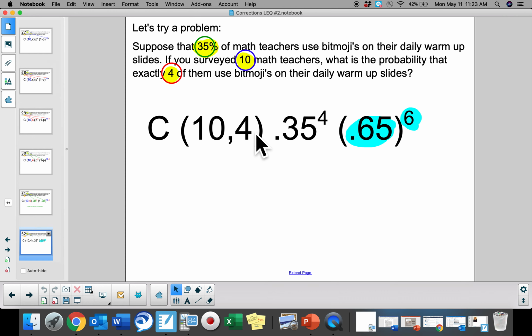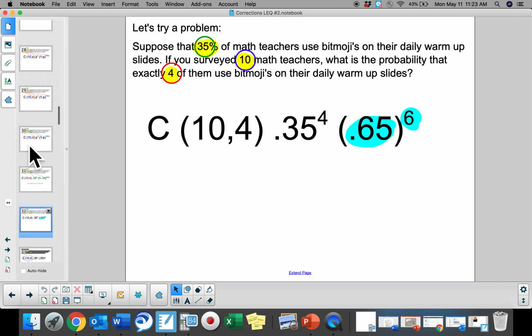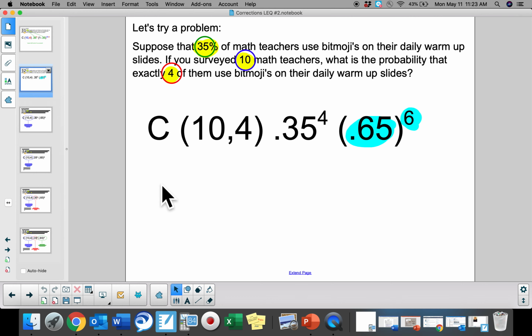That's what I was talking about, those always matching. See this 4 up here and this 6 up here? If you add them together, you get the 10 in the front, which is the N. And lastly, 0.35 plus 0.65 adds to 1. Or if you think of it in percents, 0.35 plus 0.65 gives you 100%.